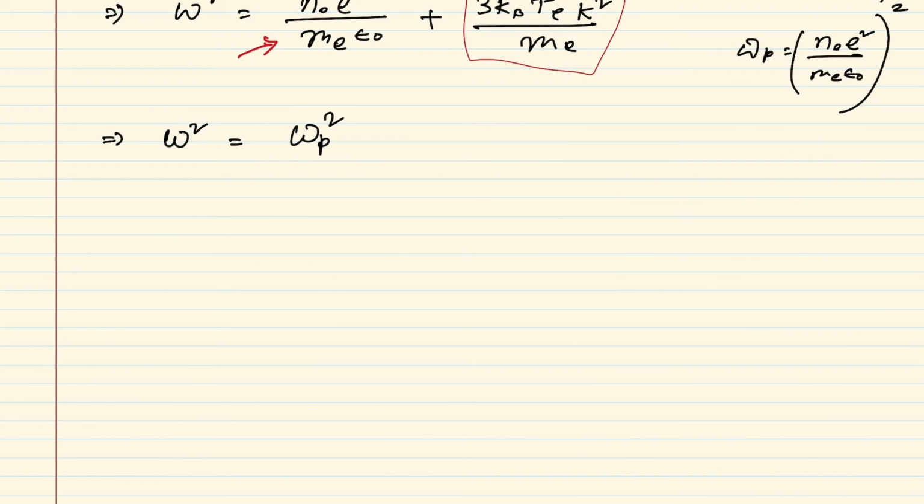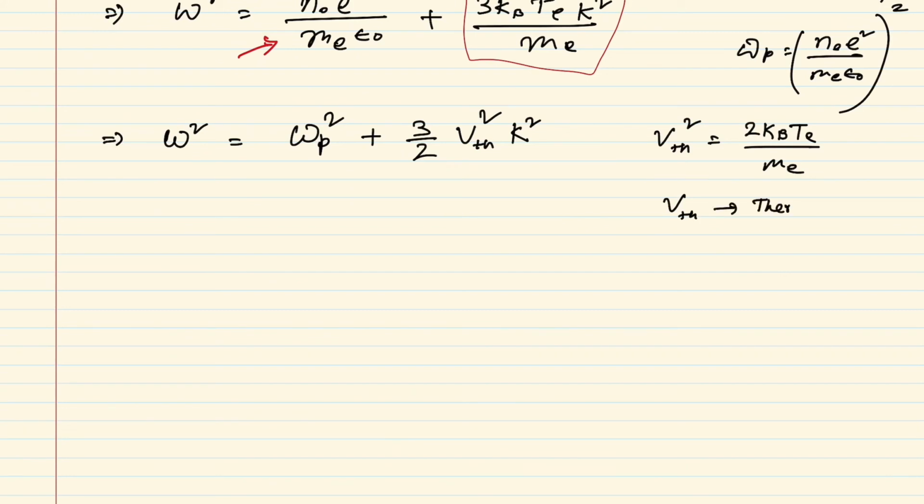Then here 3 by 2 v th square k square, where v th square is equal to 2 k B T e by m e, where v th is thermal velocity. And this relation is called the dispersion relation.